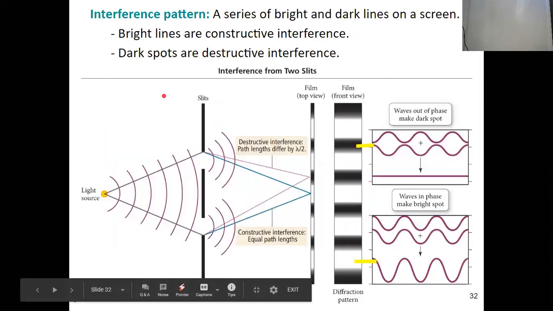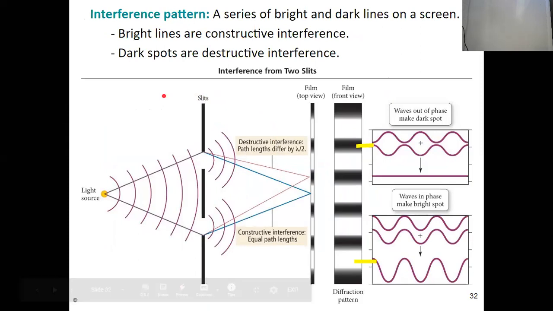And waves create what are called interference patterns when they're diffracted through these slits or openings in a barrier. When you see one of these interference patterns, what you're seeing are alternating views of places where you had constructive interference, which are these bright spots, and places where you had destructive interference.